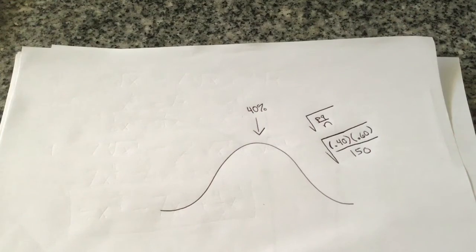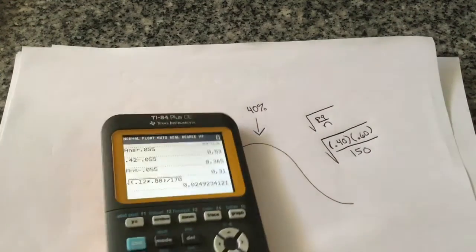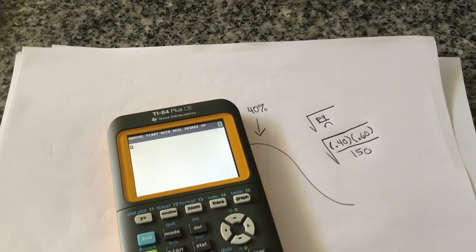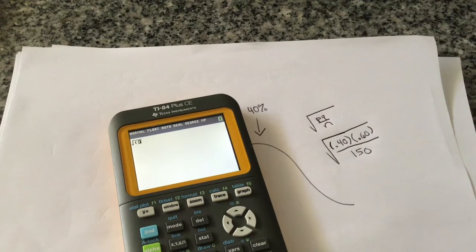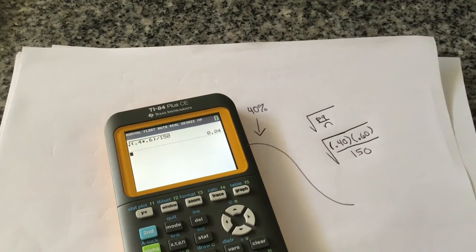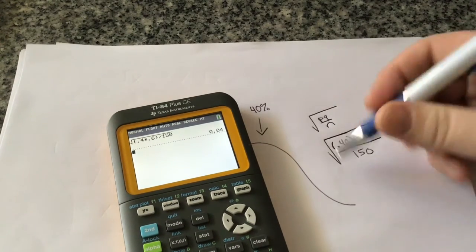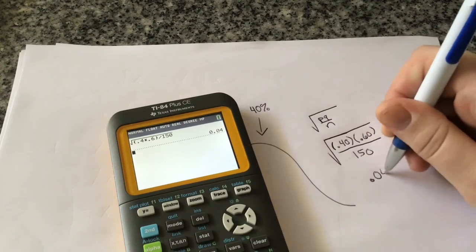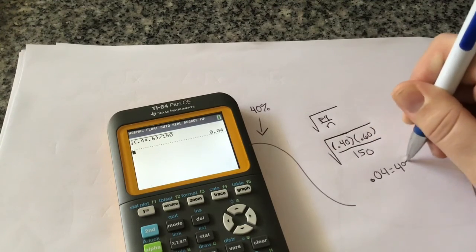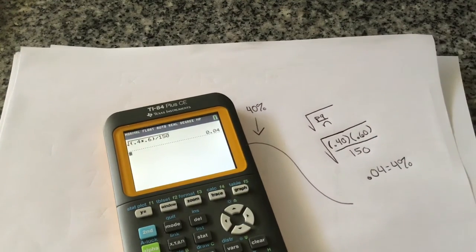What we need to do is calculate that, and we say 0.4 times 0.6 over 150, all under that square root. That gives 0.04 or 4% standard error or margin of error.